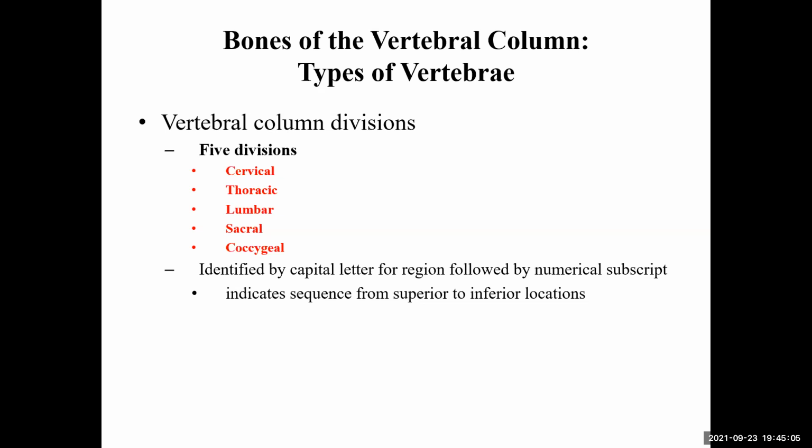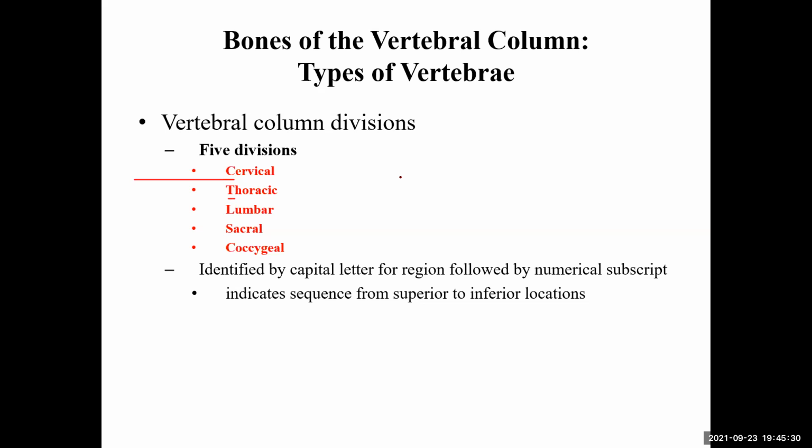So when we're talking about the vertebral column, you have 5 divisions: cervical, thoracic, lumbar, sacral, and coccygeal. All right. So when we're wanting to talk about one of the bones in any of these regions, what we do is we'll mention the region and we'll just use the first letter of that region. So if I want to talk about the thoracic, and let's say I want to talk about the 5th thoracic vertebrae.